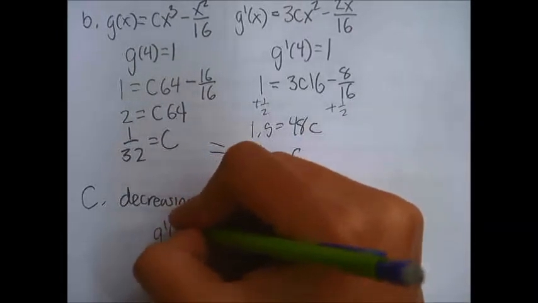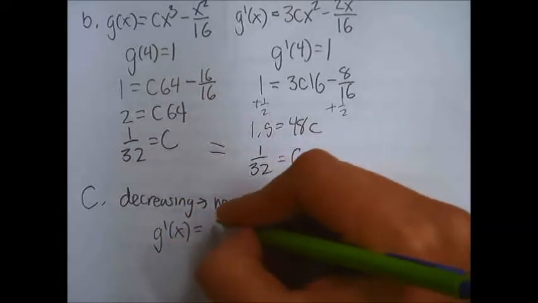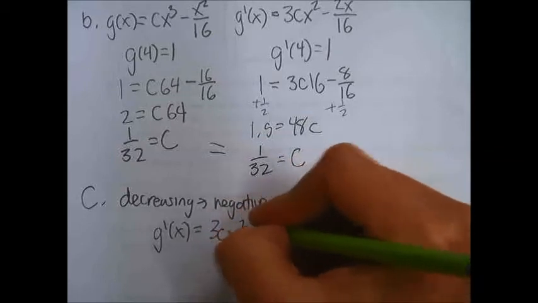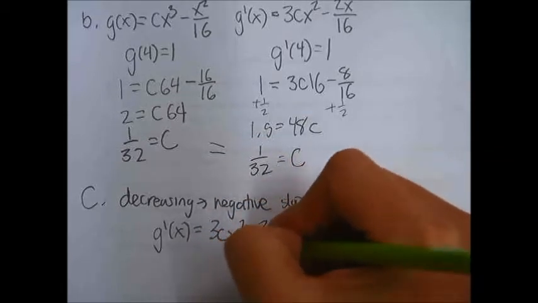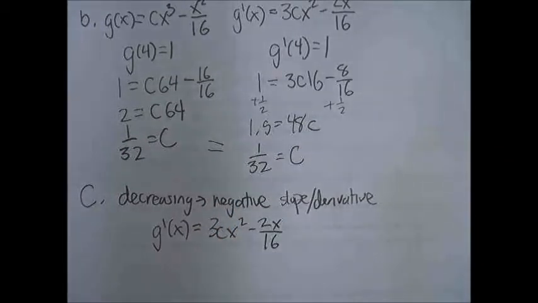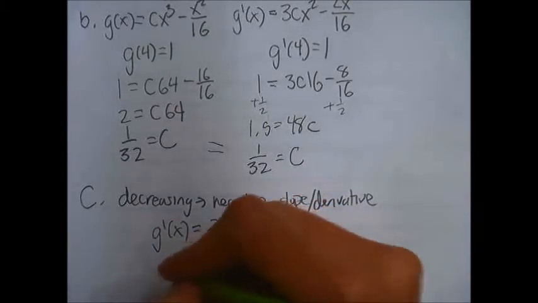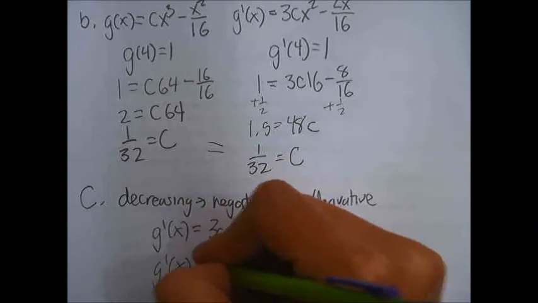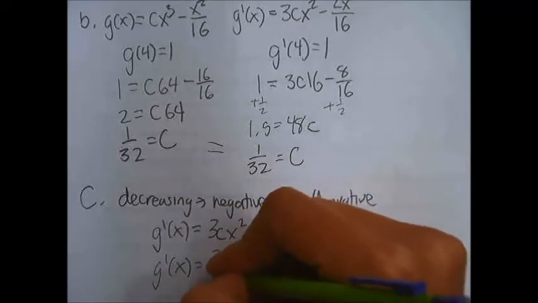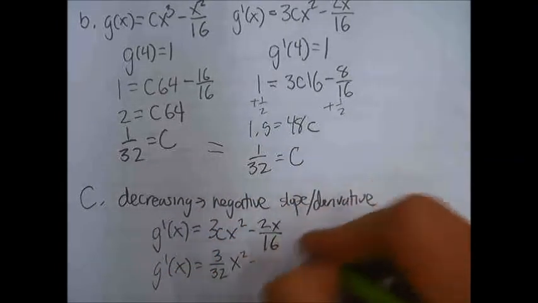Thankfully, I already have the derivative. It's up here. Yoink. So I need to see if this thing can ever be negative. Now I know c is 1/32, so I should just plug that in right now.